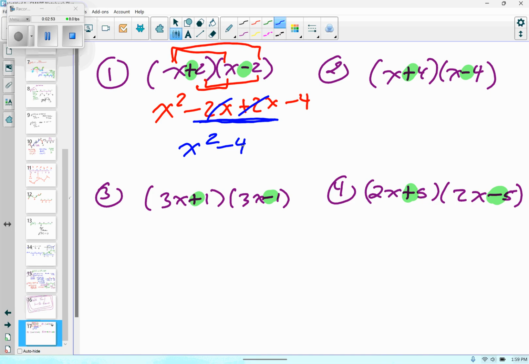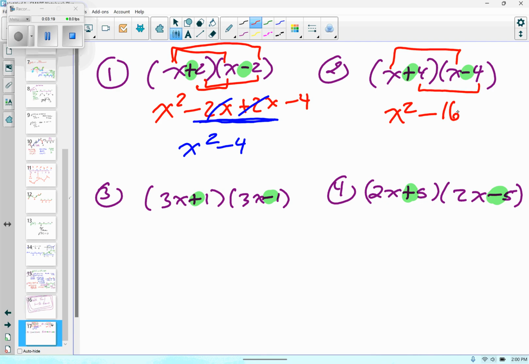So with that little inkling of knowledge, does anyone want to give me a shot at what number 2's answer would be? Opposite signs, right? So x times x is x to the second. Positive 4 times negative 4.